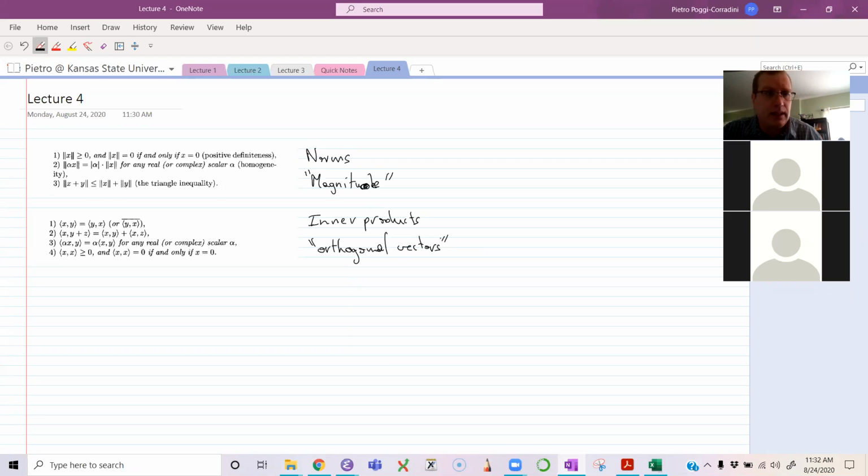Now, one interesting thing about these axioms is that they are very general. In particular, they apply just as fine when you are dealing with infinite dimensional spaces.